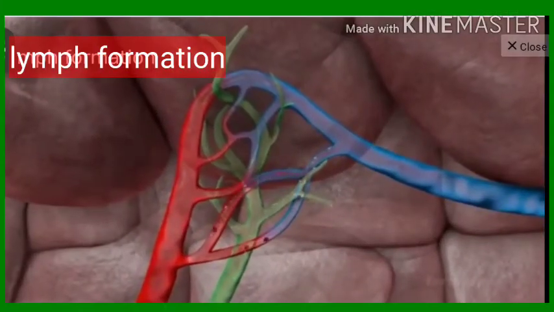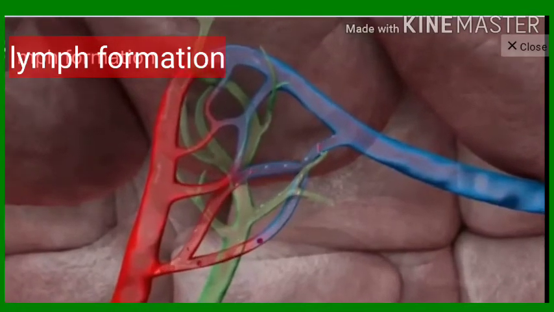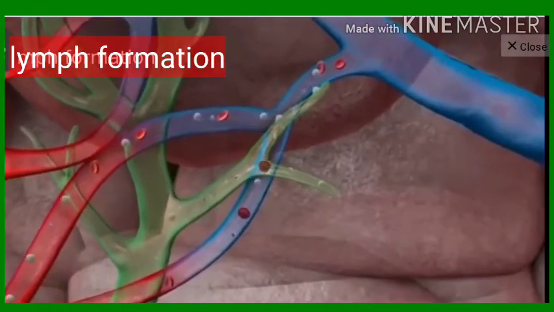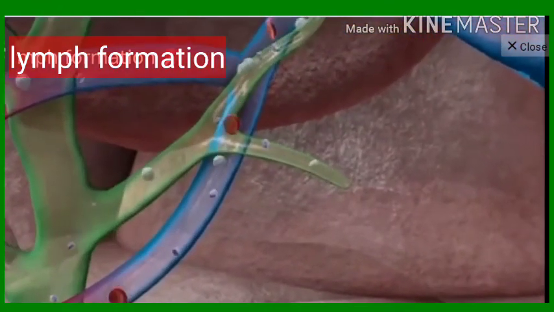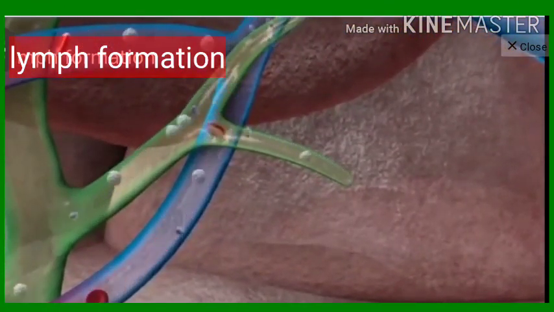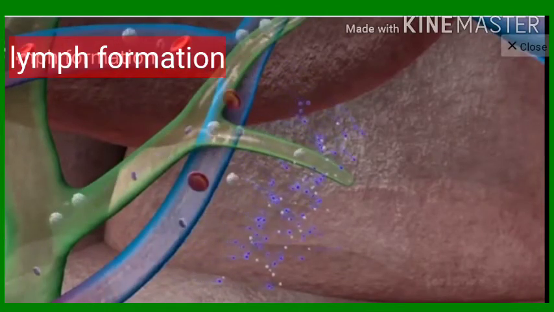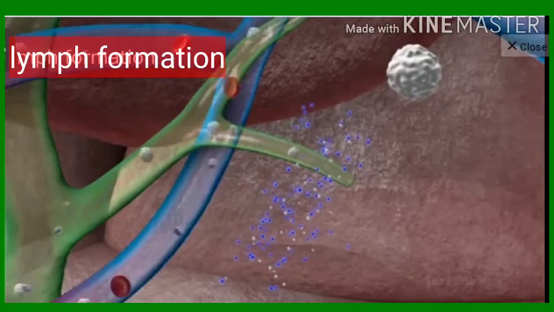When the blood flows through these capillaries, the fluid part of the blood oozes into the intercellular spaces through the minute pores of the capillary wall.